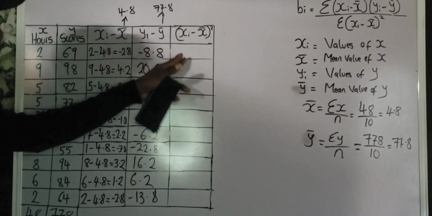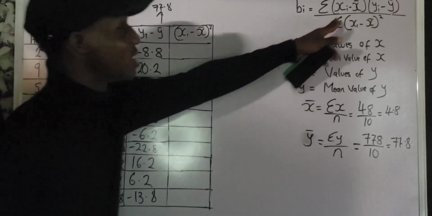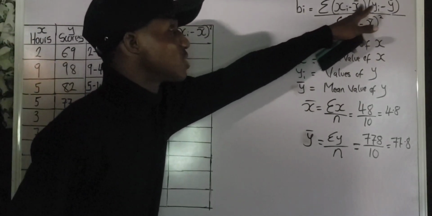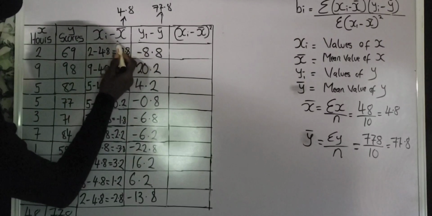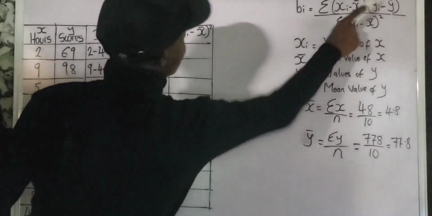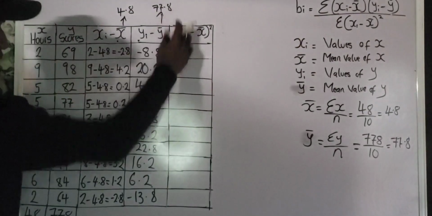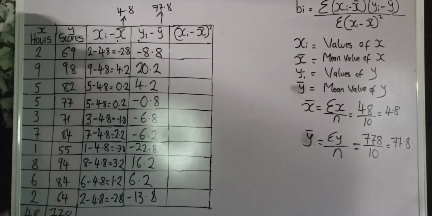The next step is, we're supposed to take the product of these cells and these cells. You understand? Because we have the summation of the product of this and this. So the next column is supposed to be the product of these cells and these cells. Do you understand from the formula?